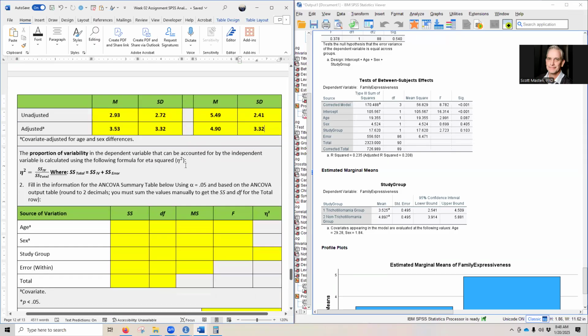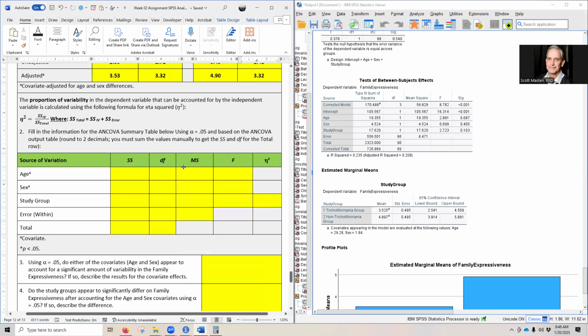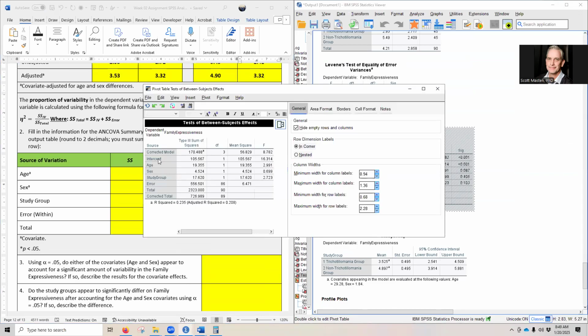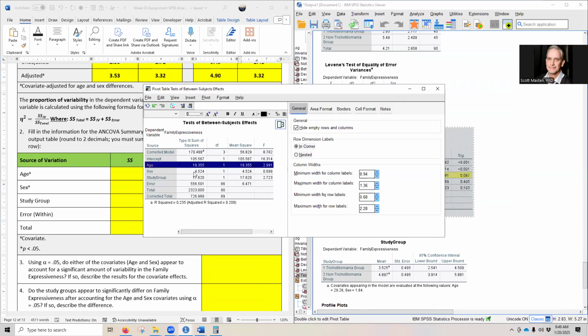So now we have to fill in a big old ANCOVA summary table. I'm going to do the thing where we highlight rows again. So we need age, and I think I did this. Yep, sex. There we go, study group.